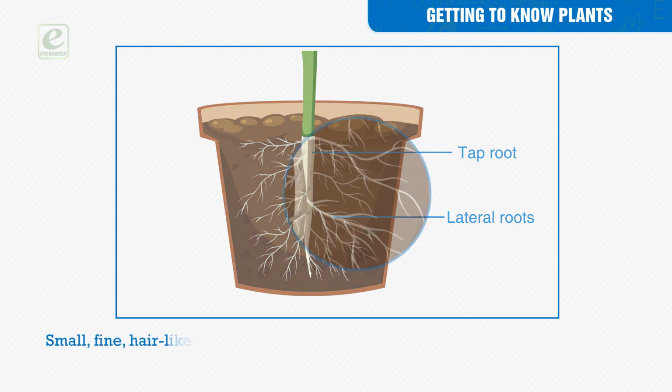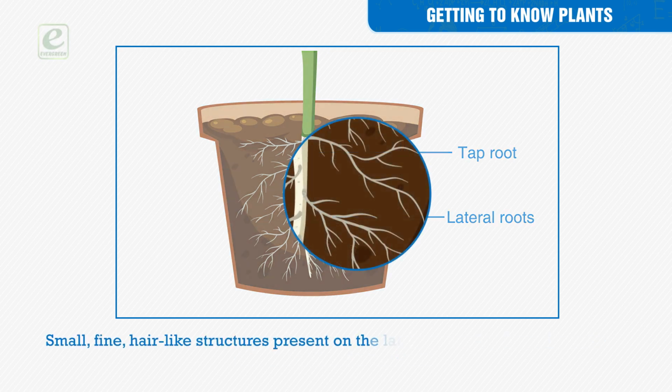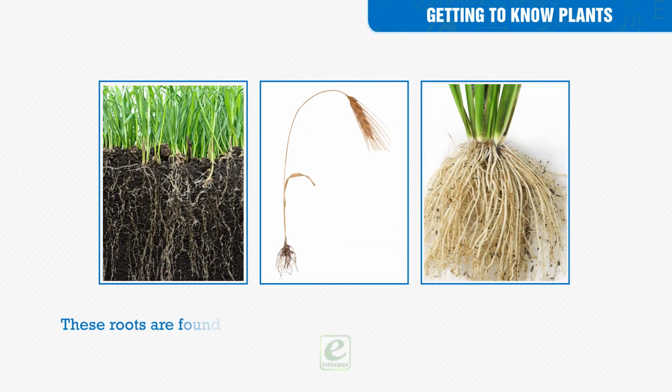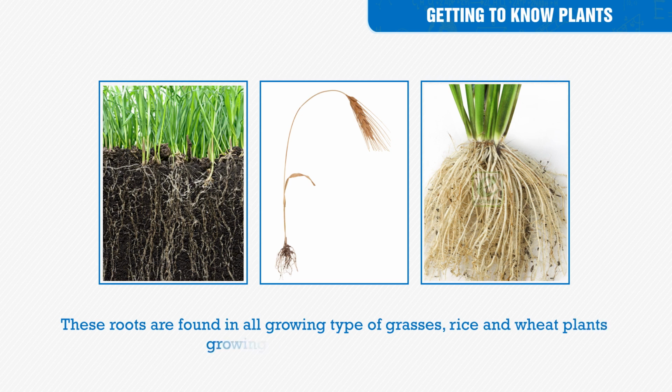Small, fine, hair-like structures present on the lateral roots are called root hairs. Bunch of roots of similar size is called fibrous root. These roots are found in all growing type of grasses, rice and wheat plants growing near to your surroundings.